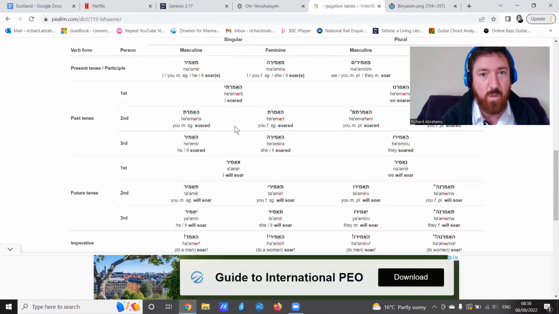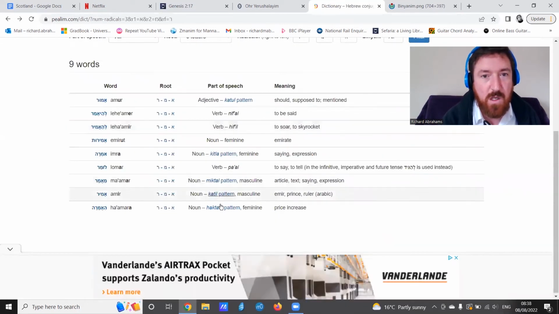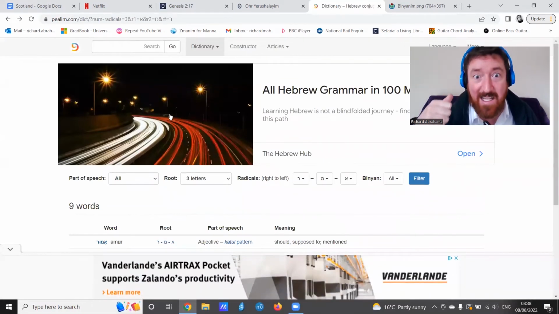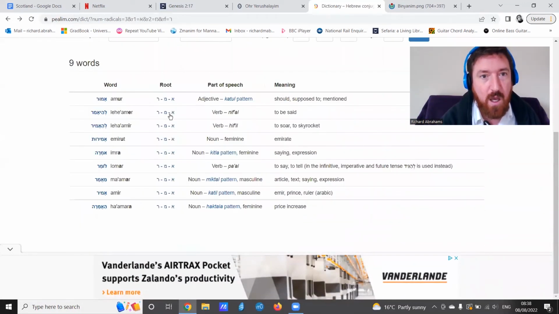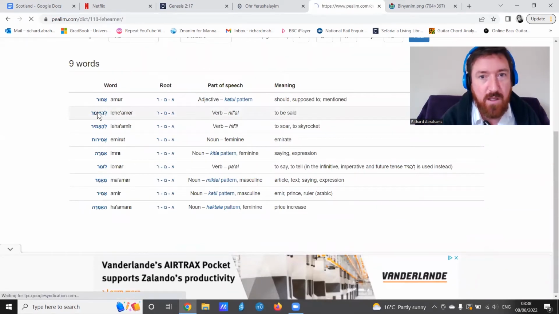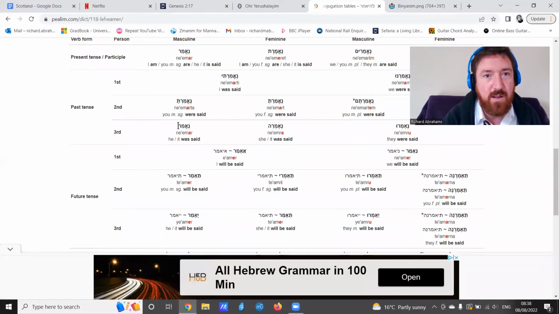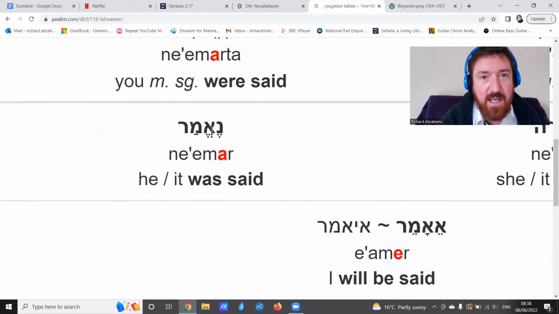Okay, let's do this one more time. So what we're saying is we're learning these patterns, nifal. Okay, so because it's a nifal, we're expecting to gain the nun at the beginning. Okay, I clicked on the wrong thing, so let's go in here. And we go third person, masculine, past tense. The nifal is ne'emar.